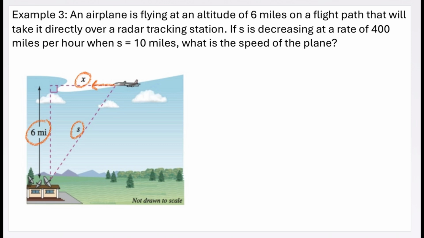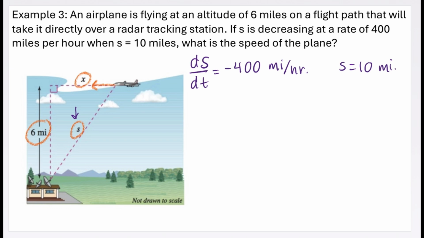So I know that the S, this length right here, is decreasing at a rate of 400 miles per hour. So ds over dt is decreasing, so negative 400 miles per hour. S is going to be 10 miles. Okay, that does change though, so we're not going to put that in until the end.